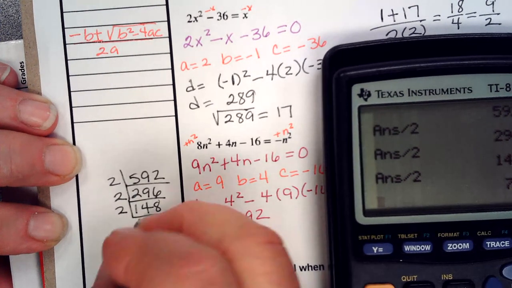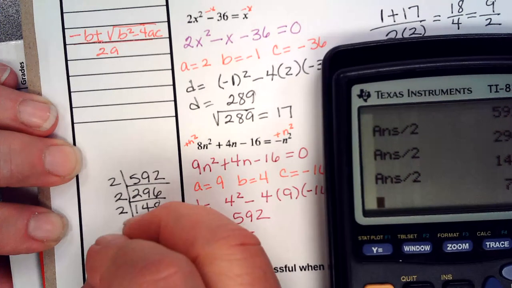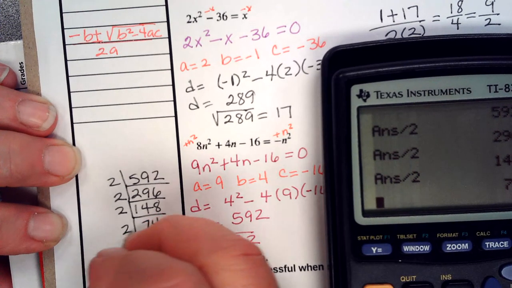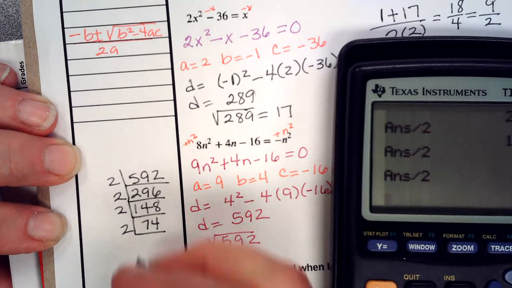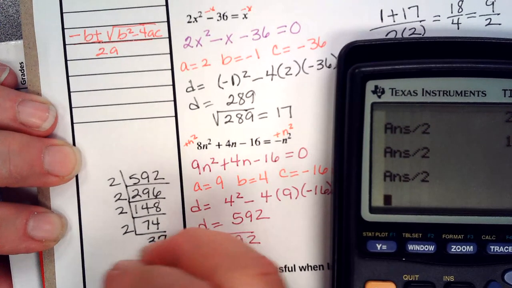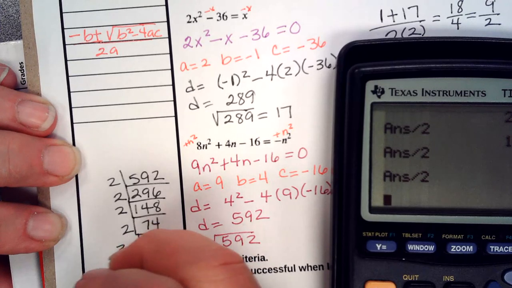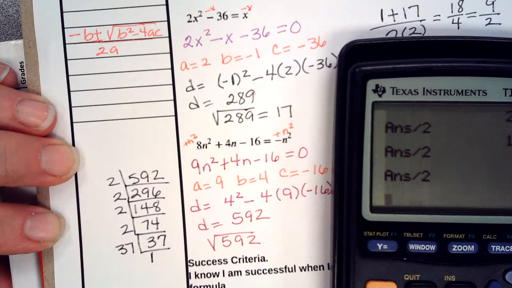I get 74. 74 is even, so I divide it by 2 again. I get 37. 37 is prime. Divided by 37, I get 1.